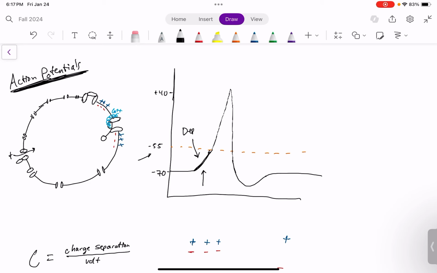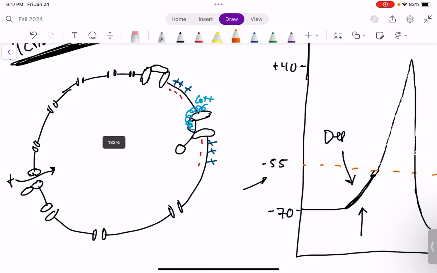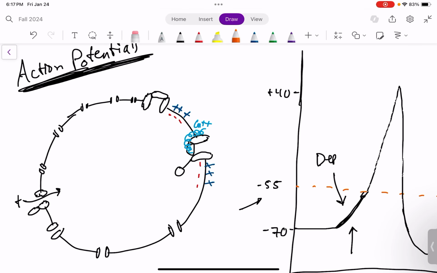Now, the way that threshold is determined is it's the point at which voltage gated sodium channels open. And we can go over here to this drawing right here and zoom in a little bit to see what happens when these voltage gated sodium channels open.